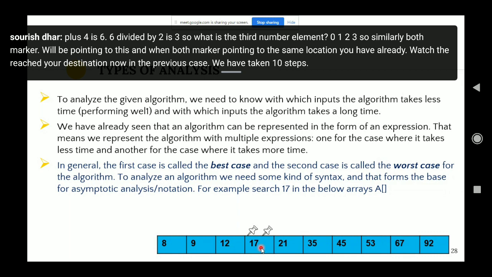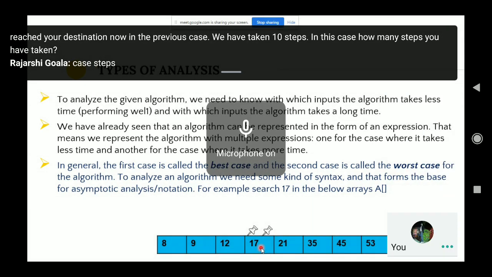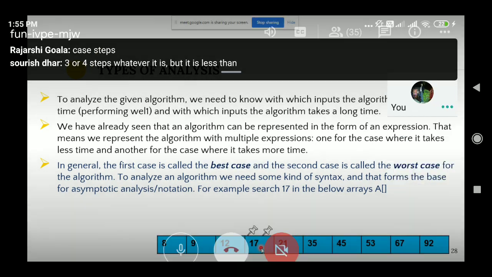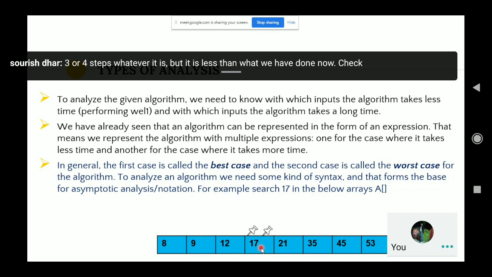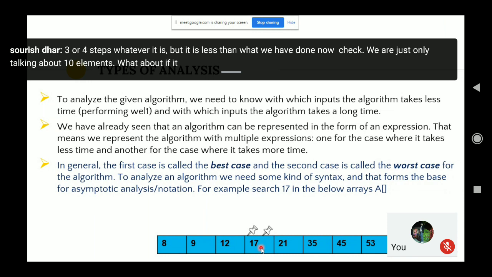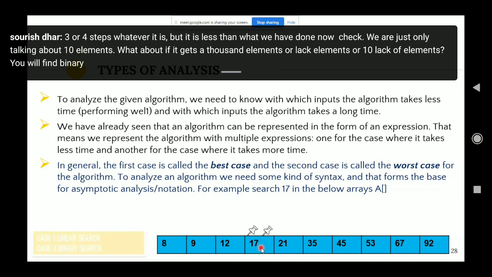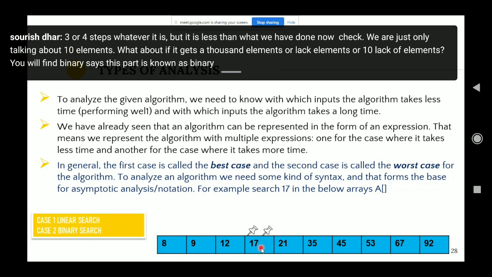In this case, how many steps have we taken? 3 or 4 steps, whatever it is, it is less than what we did before. Now check, we are only talking about 10 elements. What about 1,000 elements, or a lakh, or 10 lakh elements? You will find binary search.